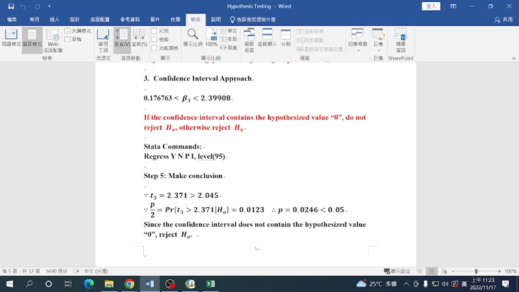Otherwise, reject. So this is saying that for hypothesis testing with a two-sided test, we can use another approach called the confidence interval approach, which is covered in our textbook, 5.5. Any questions so far?